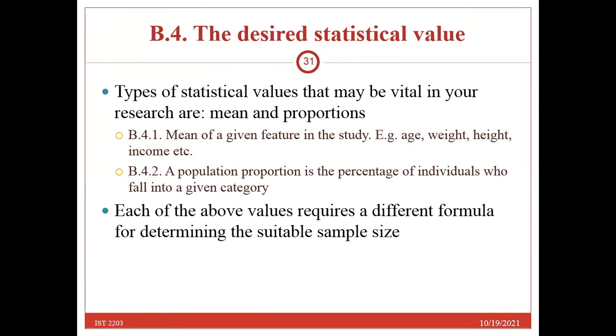The equation used is different from one whereby you want to know the proportion of the population. You may want to know a population proportion, that is the percentage of individuals who fall within a category. So you want to know of this population, which group of individuals fall into this category. And we're going to look at how that works.